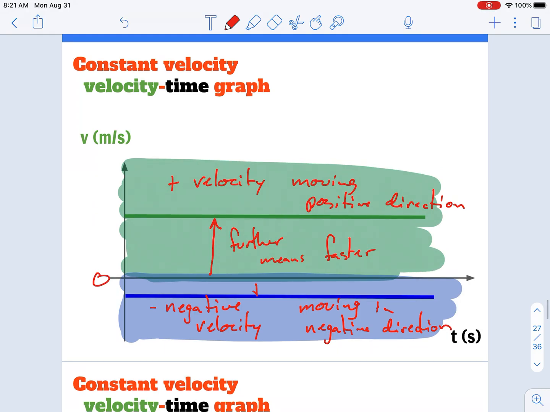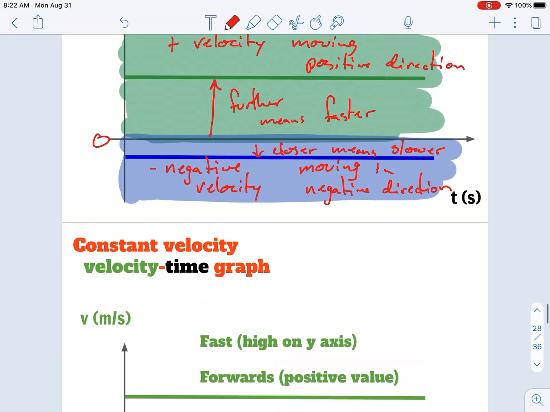And the closer we are means we're moving slower. Again, positive and negative is about direction only, so the magnitude of that will actually tell us our speed. So the closer we are to zero, the slower we're moving. The farther we are from zero, the faster we're moving.